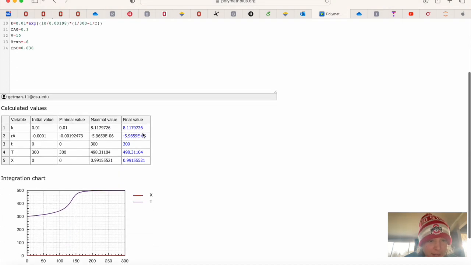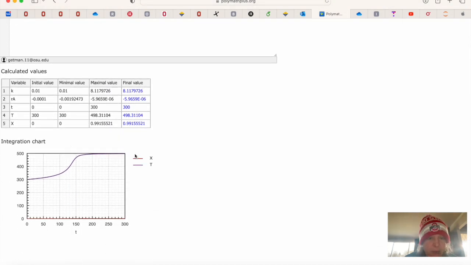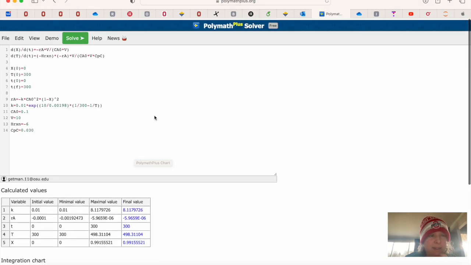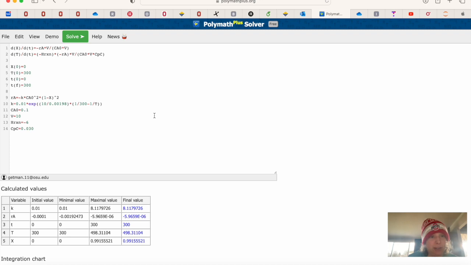Now let's consider the situation where we wanted to get the plot of X explicitly. Since this is an adiabatic reaction, we can do that. To do that, we can comment out this differential equation, and instead write an explicit equation for T. So T, we could say, because this is an adiabatic reaction, the temperature is only defined by the conversion.